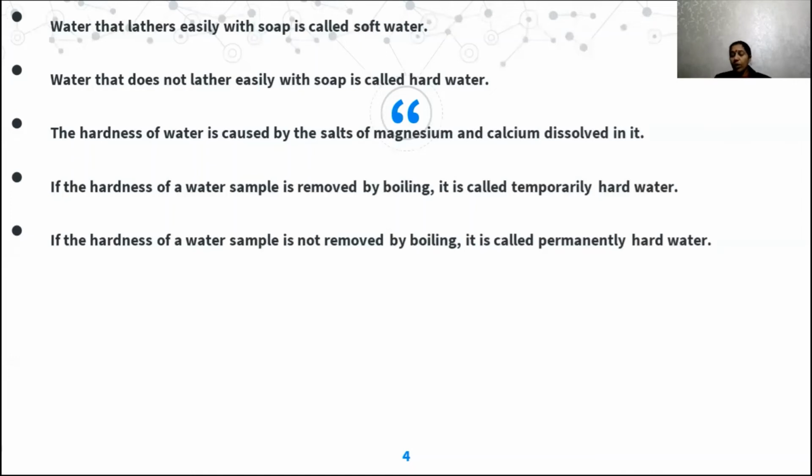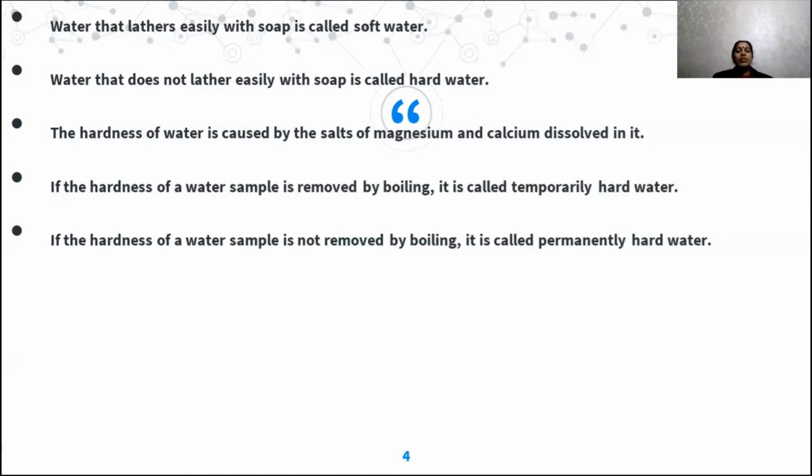At the same time, if the hardness of a water sample cannot be removed by boiling, then that is called permanently hard water. So boiling is a process for removing the hardness of some water samples. On this basis, we can say that hard water is classified into two types.